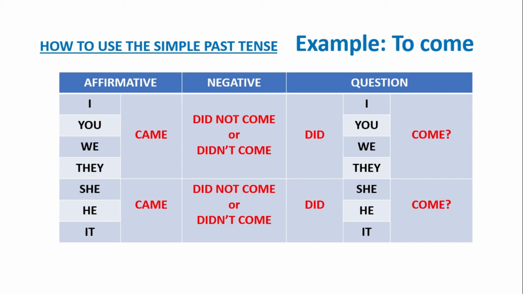And you will see that if you practice every day, you will use the simple past tense in a proper way. Use this tense in your daily life, in your conversations. If you have a friend that speaks English, use that tense. Use that tense every day.